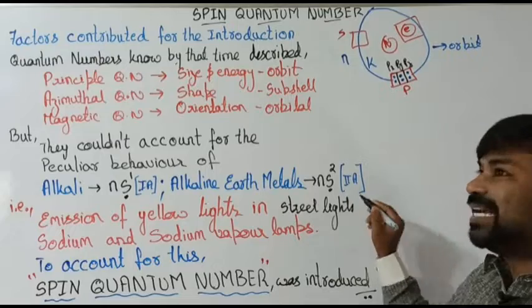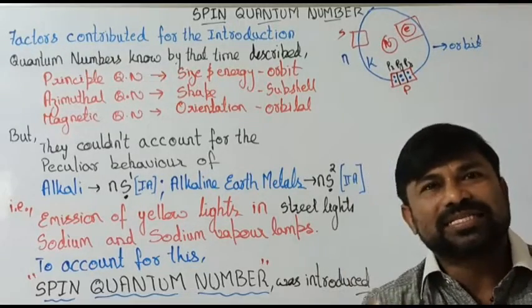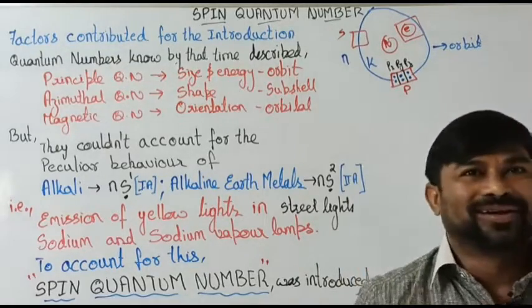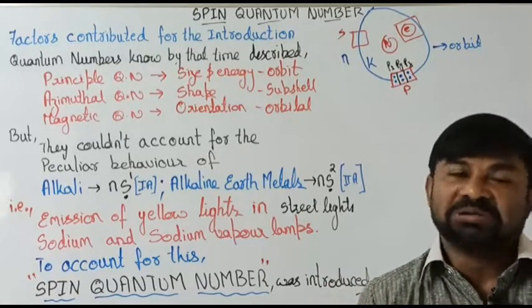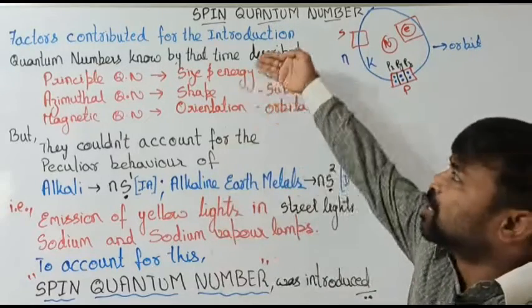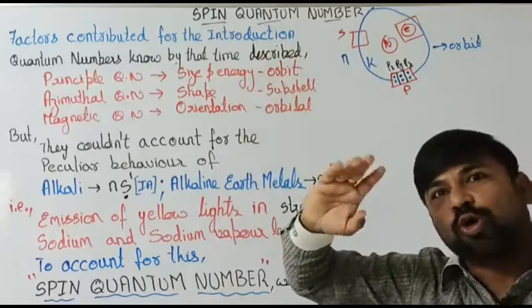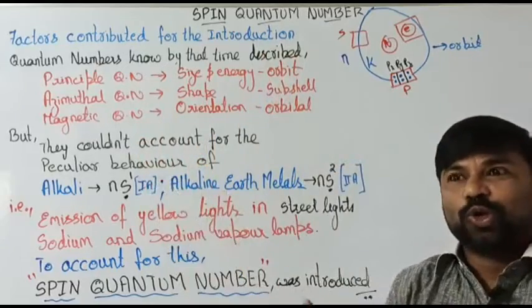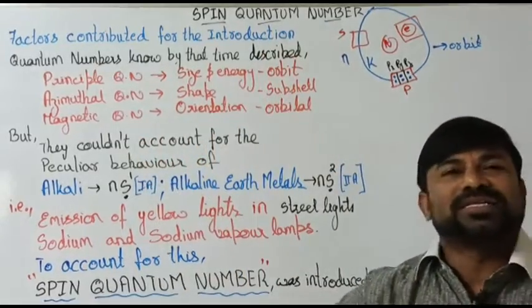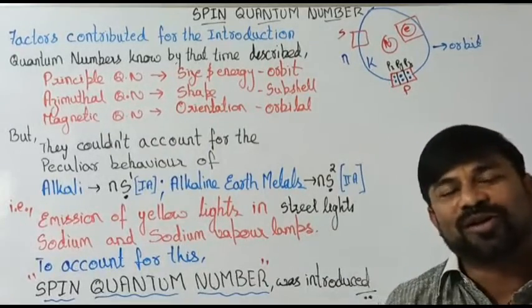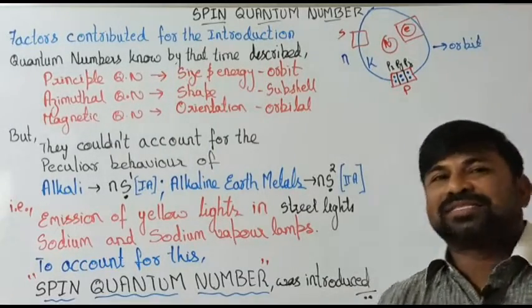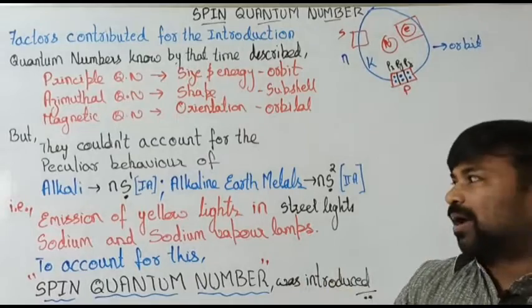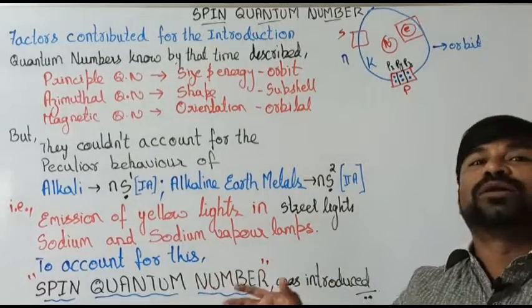Why is the light emitting yellow color? What's the reason for that? This reason was not explained by the three quantum numbers known by that time. To answer this, when the scientists worked on it later, an answer was found in the spin quantum number.